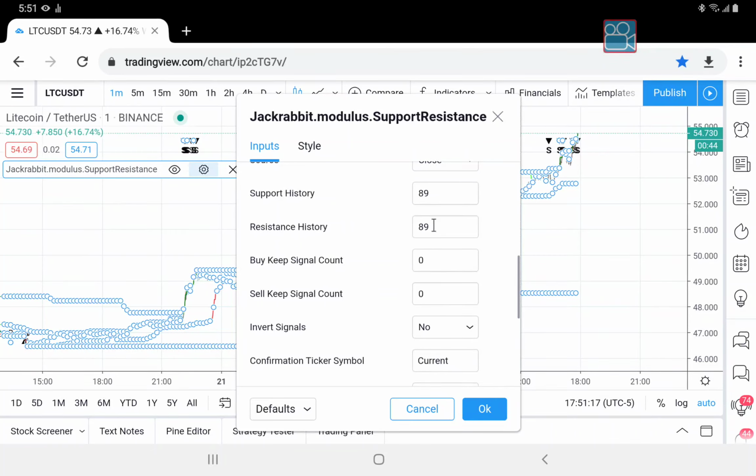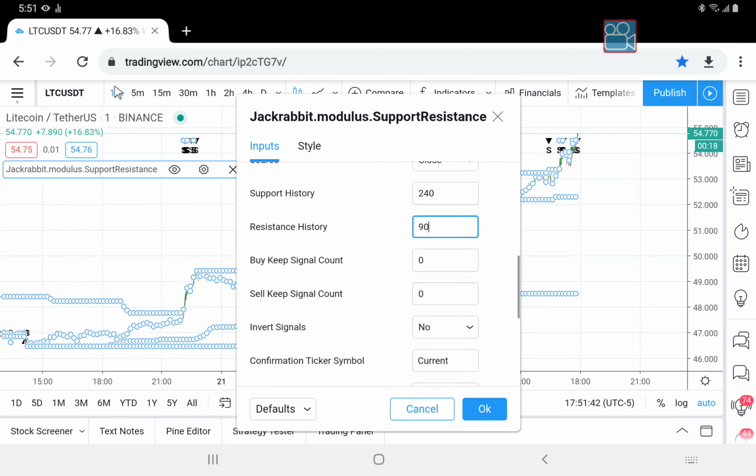For example, let's go with the 240 on the resistance history. Actually, let's list backwards. Let's do 240 up here. Let's do 90 here.